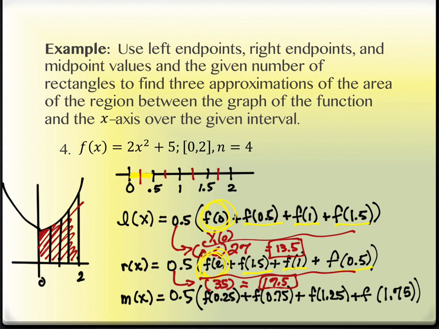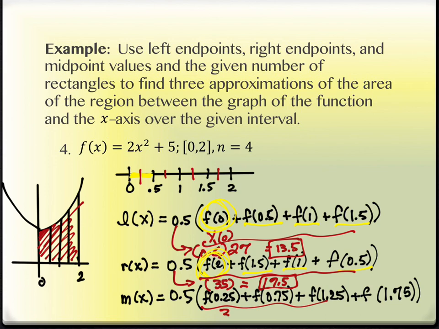We can do second enter for the next one as well. It's not really quite as helpful just because we end up having to change so many things. So if you wanted to just enter it again by hand, you could do that. But if you add these in and you do y1 of 0.25 plus y1 of 0.75 plus y1 of 1.25 plus y1 of 1.75, if you put all of that in and you calculate that, you're going to get 30.5.